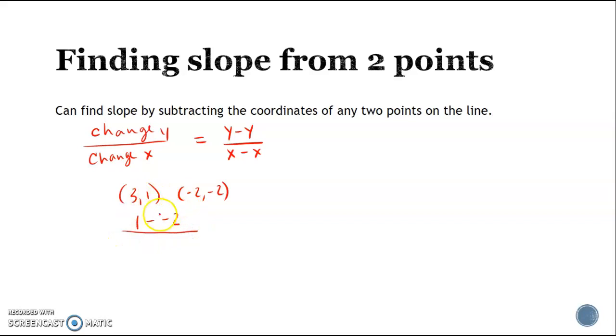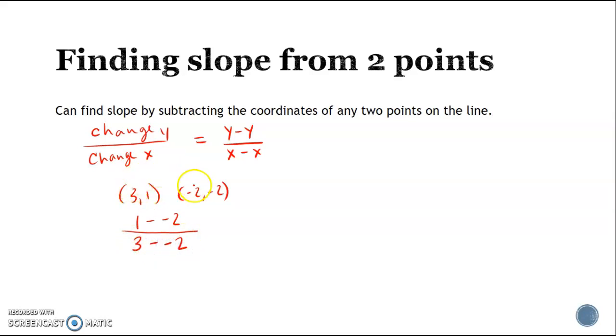But then when I go to do my x values, because I chose the 1 first, I've got to choose the 3 first for my x. 3 minus a negative 2.